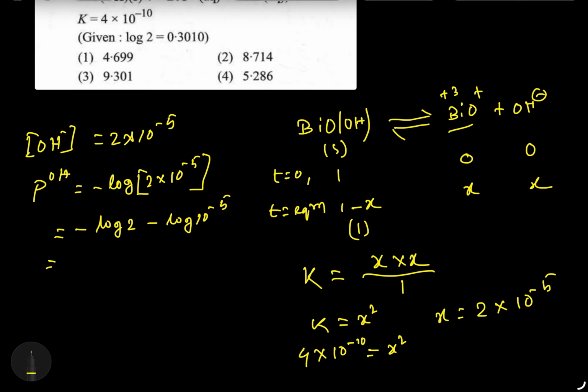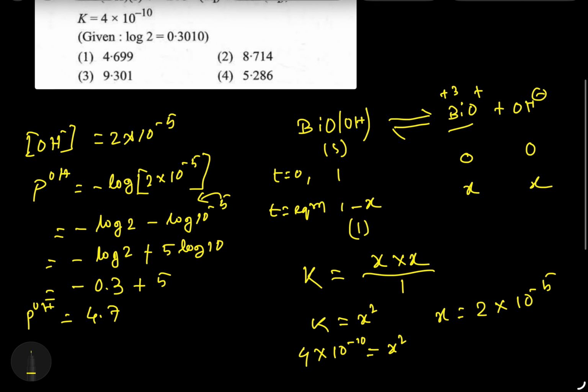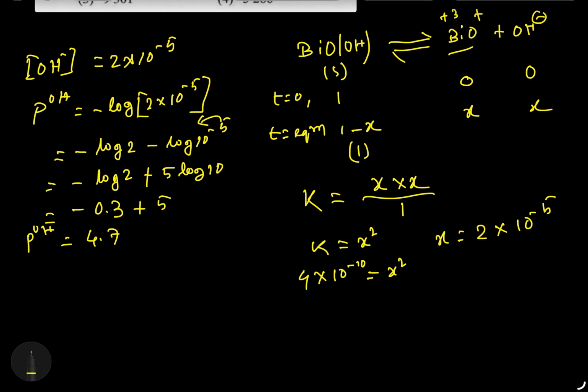And minus log 2, then this 5 will come in front and it will become plus 5 log 10, okay? The value of log 2 is given here, so it will be minus 0.3 plus 5, and log 10 we know is 1, so the answer, pOH, will be 4.7, okay?